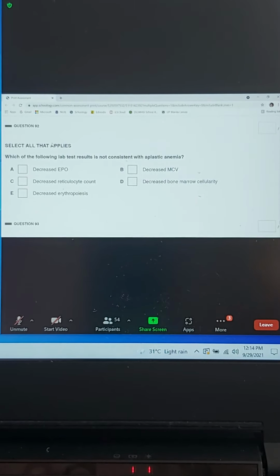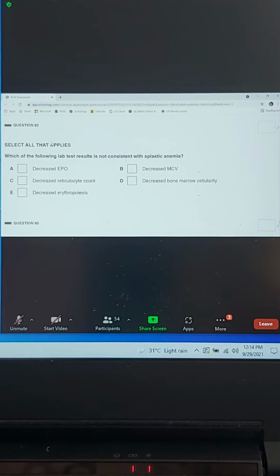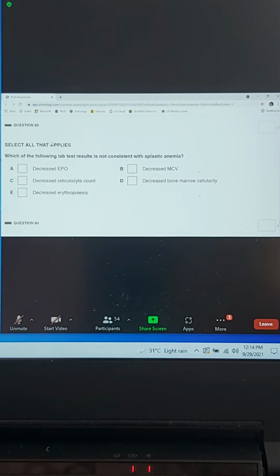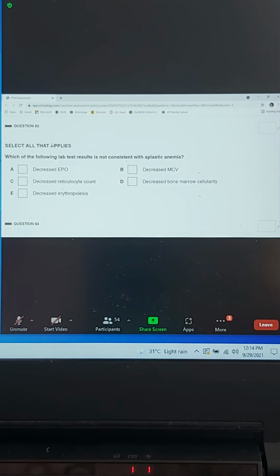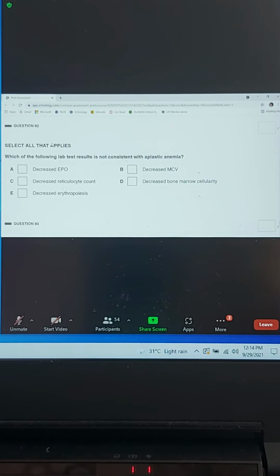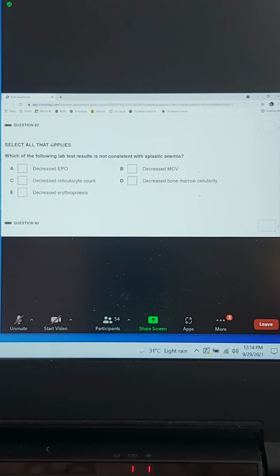How about letter D, decreased bone marrow cellularity? Consistent also. Decreased reticulocyte count? Consistent also.